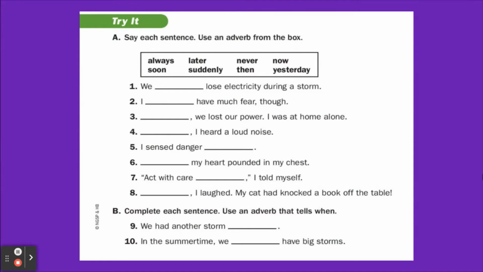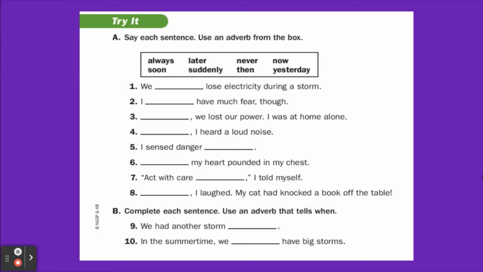We're going to do 1 to 8 together using the word bank right there. For 9 and 10, I want you to pause the video and try it on your own. This is going to be verbal, and it would be great if you do it together with me. So let's begin. Say each sentence verbally. Use an adverb from the box to complete them.